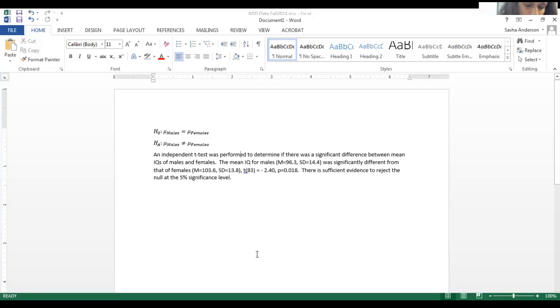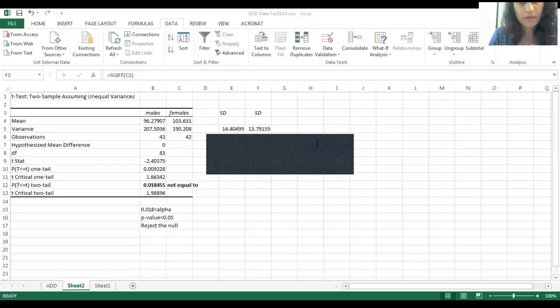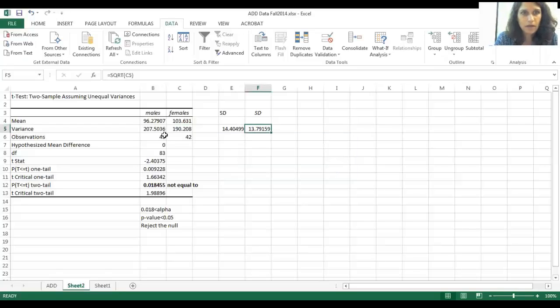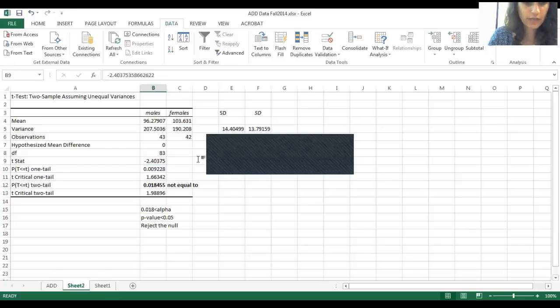And then we'll write our t-value. Our t-value was equal to our test statistic, negative 2.40. We'll leave it at negative 2.40, and you could have done more decimals if you need to.